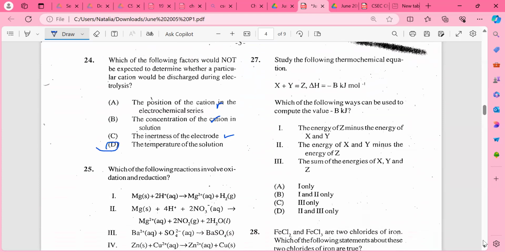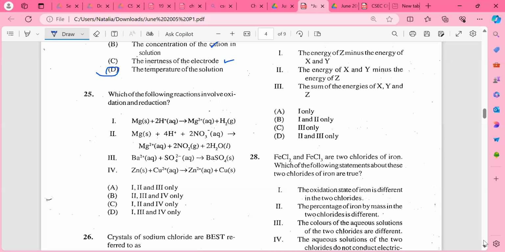Which of the following reactions involve oxidation and reduction? Magnesium moves from 0 to +2. Hydrogen decreases from +1 to 0. So this is both oxidation and reduction. Magnesium moves from 0 to +2, so that's oxidation. Hydrogen remains the same here. Nitrogen moves from +5 to +4, so that is a reduction.